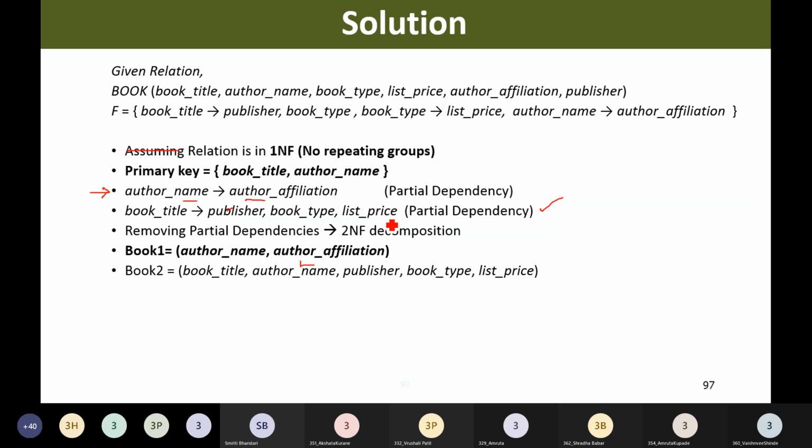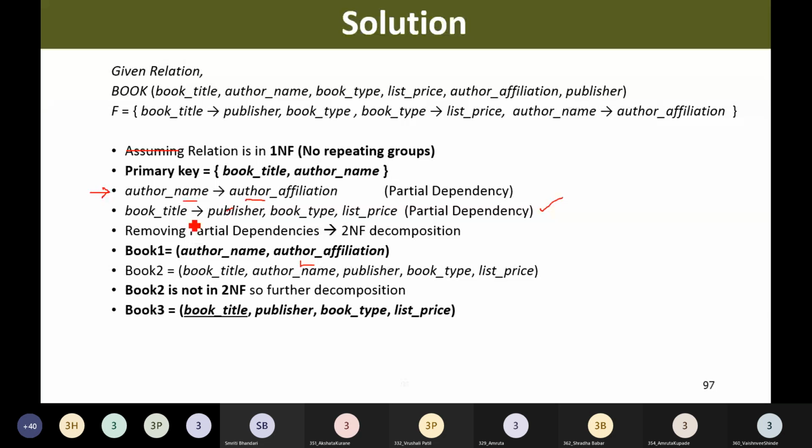So we are making use of this partial dependency now, and we come up with a new table, book 3, wherein we use the attributes book title, publisher, book type, list price.